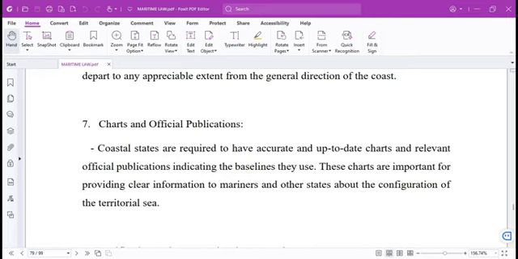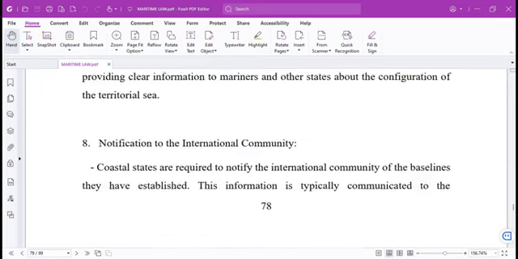These charts are important for providing clear information to mariners and other states about the configuration of the territorial sea.